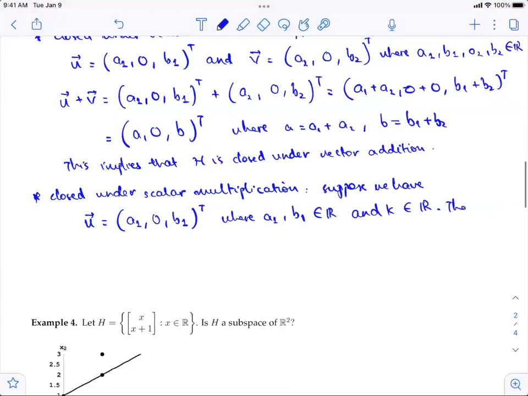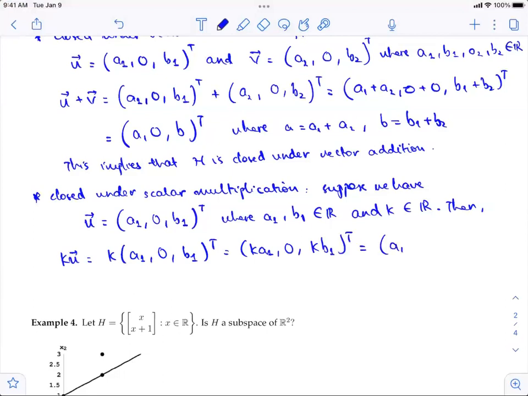Then you have k times u equal to k times a1, 0, b1 transpose, where you just multiply k with every element in the vector. So you have k times a1, 0, k times b1 transpose.